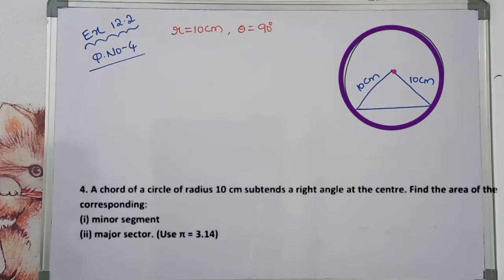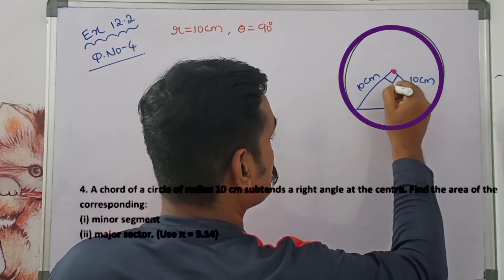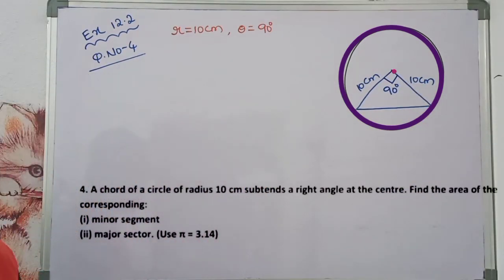What is the meaning of subtend? Subtend means it makes an angle at the center with the help of the chord. So this is 90 degrees given. Then what they ask you to find here? Find the area of the minor segment and major sector.